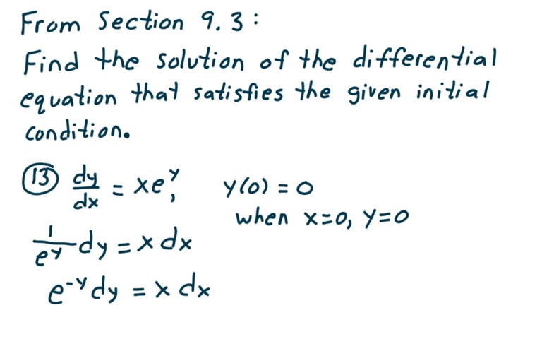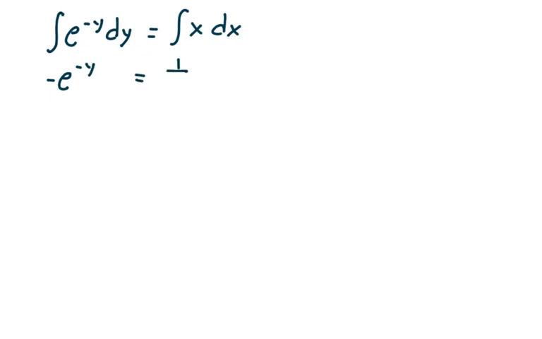Well, we can integrate both sides. So the integral of e to the negative y dy is the same as the integral of x dx. And we're almost done. So negative e to the negative y is equal to 1/2 x squared plus c.